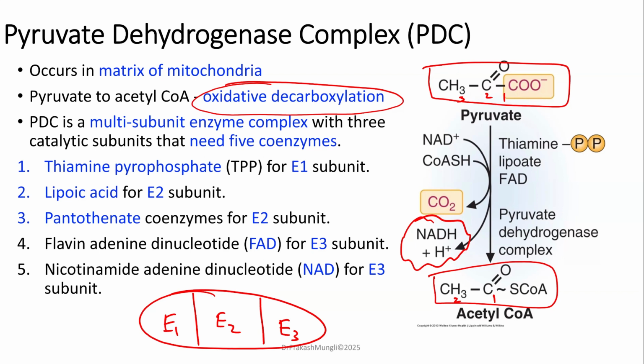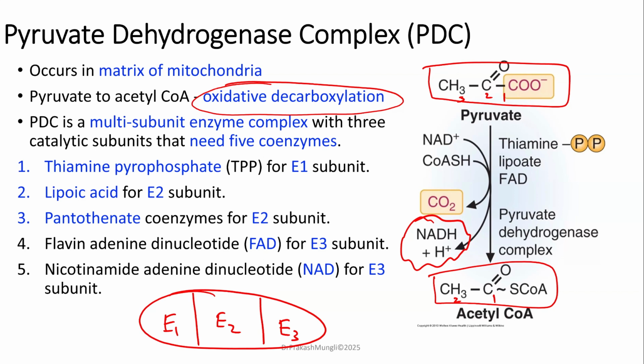If the substrate is pyruvate, you have pyruvate dehydrogenase complex. If the substrate is alpha ketoglutarate, you have alpha ketoglutarate dehydrogenase complex. If your substrate is branched chain alpha keto acids, your enzyme is branched chain alpha keto acid dehydrogenase complex.